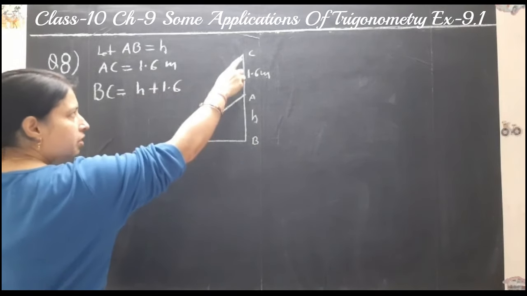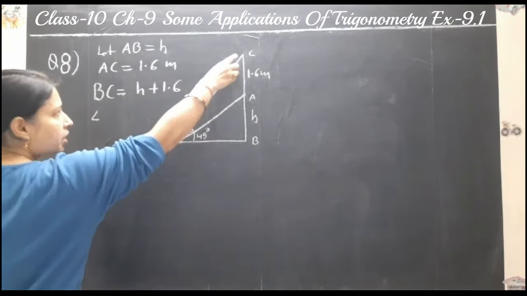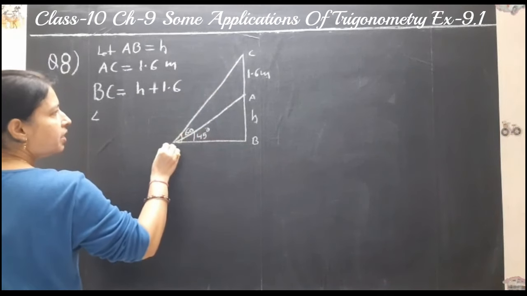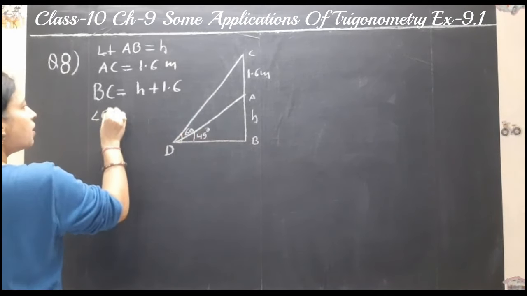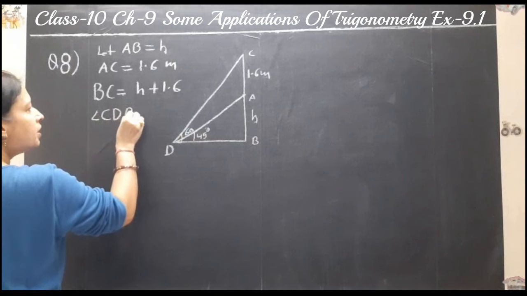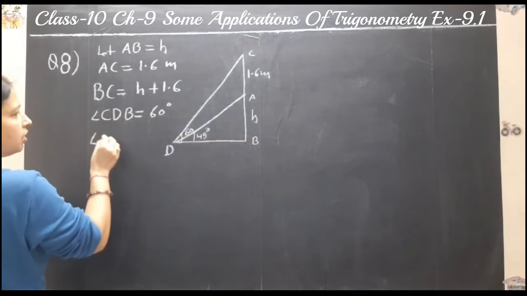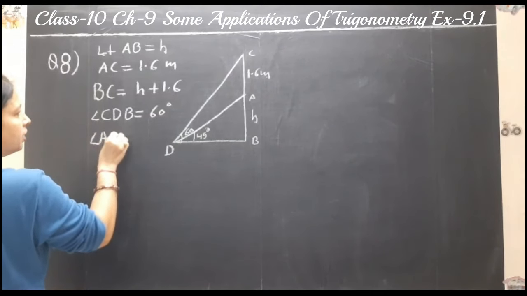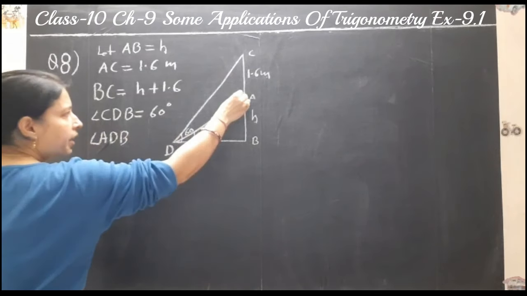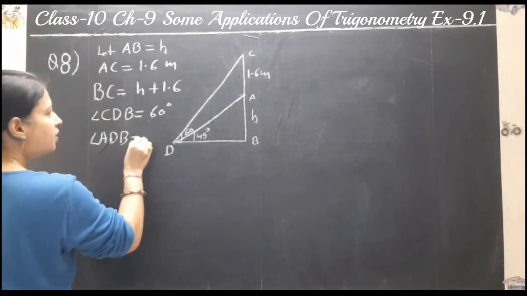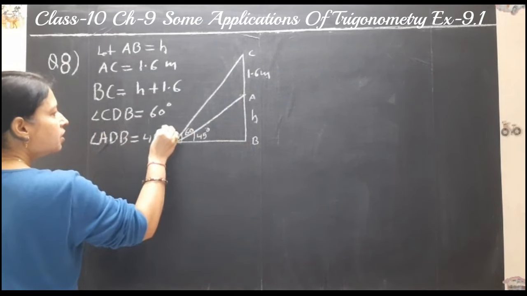And angle CDB is given 60 degrees. Angle ADB is given 45 degrees.